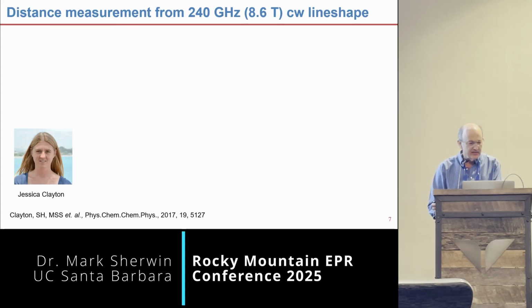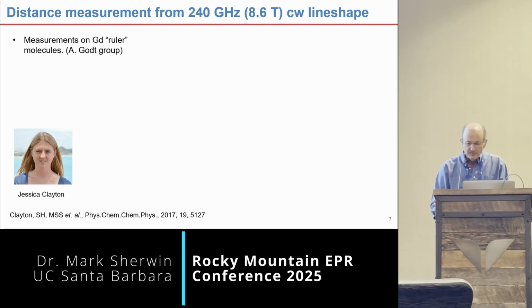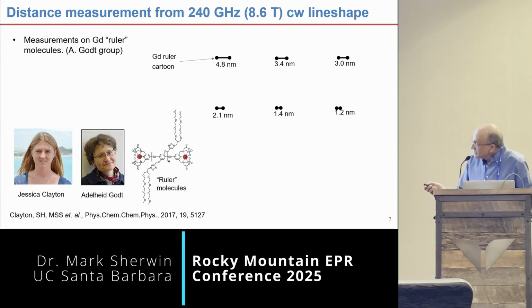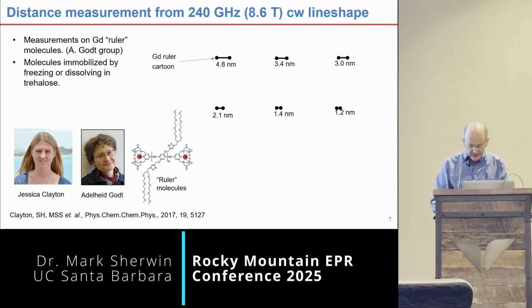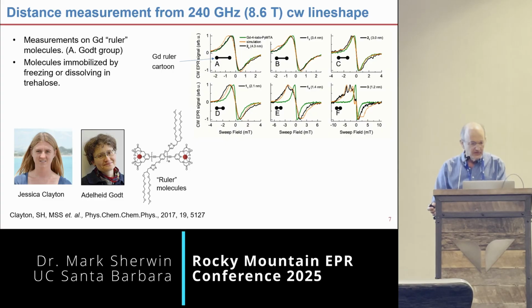So these are measurements conducted by Jessica Clayton to calibrate the method. These are measurements on gadolinium ruler molecules that were manufactured by the group of Adelheid Godt. She manufactured these molecules with gadolinium spaced by a very rigid linker with varying lengths from 1.2 nanometers up to 4.8 nanometers. These molecules were immobilized by either freezing or dissolving in trehalose.